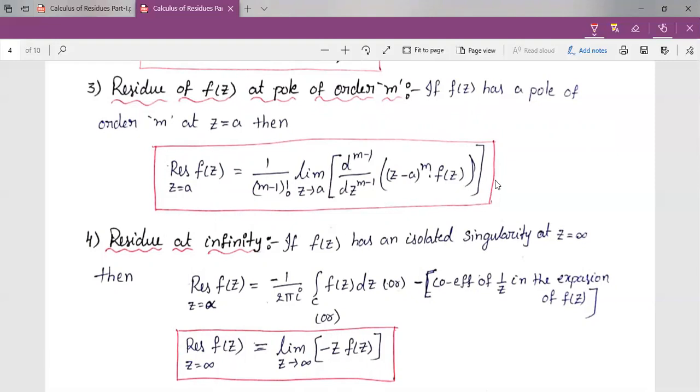So this is the formula for finding the residue of f(z) at a pole of order m.